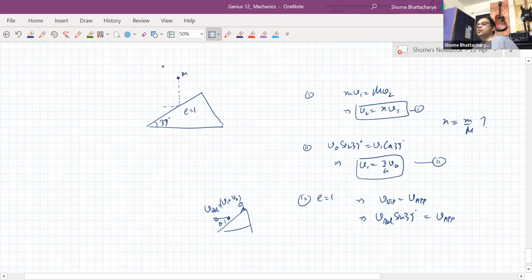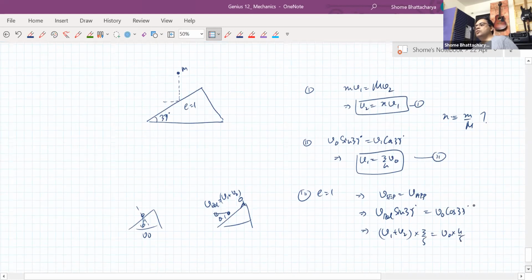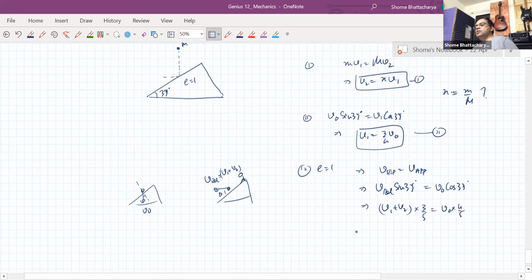And v approach would have been equal to v0 cos 37. So this equation would have given us that (v1 + v2) into 3/5 would have been v0 into 4/5. So this would have been our third equation.